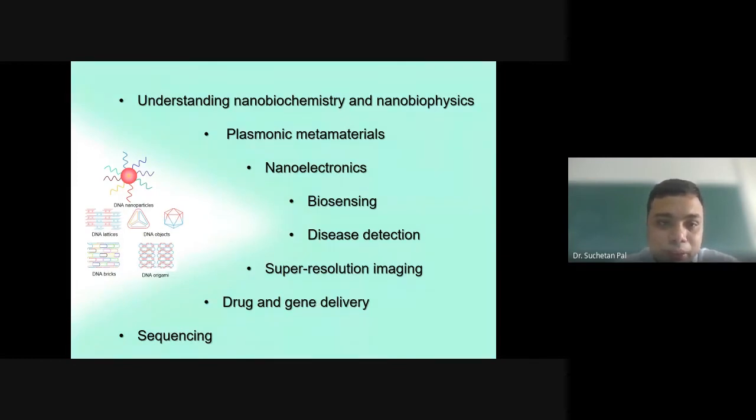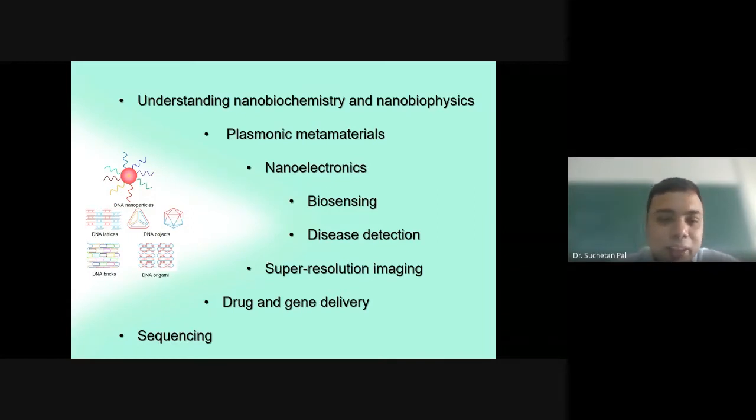So we can generate this artificial DNA nanostructure and use it for different purposes. For example, for understanding the chemistry and physics at the nanoscale, what is happening in your cell, which we call nanobiochemistry and nanobiophysics. We can get plasmonic metamaterials out of this system. We can use it for electronics, nanoscale biosensing, drug and gene delivery, super resolution imaging, sequencing.